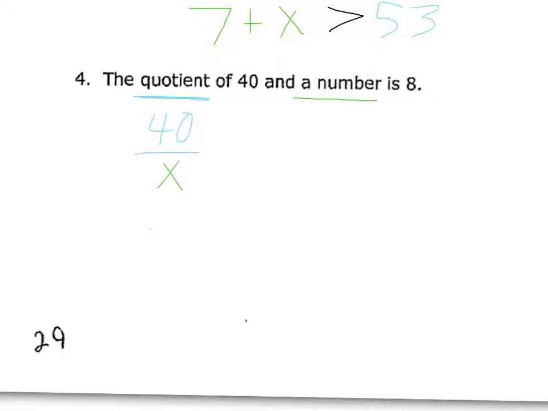And we know that that is set equal to something because it has is. Is represents an equal sign, and it's set equal to 8. We could easily go ahead and solve that equation, but we're not at that point yet.